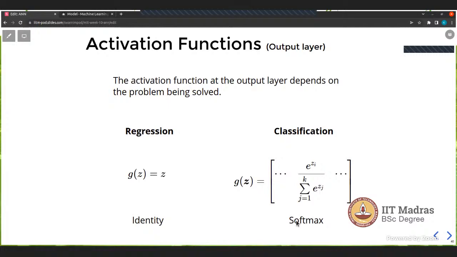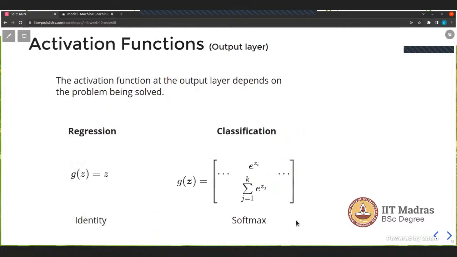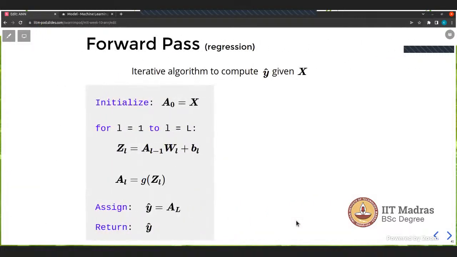There are two points here: if it is binary classification, you can still use softmax, that will work. But it's not necessary that you stick to softmax even in the case of binary classification. I'll get back to you on this. Just start a thread on Discourse and we'll discuss that.